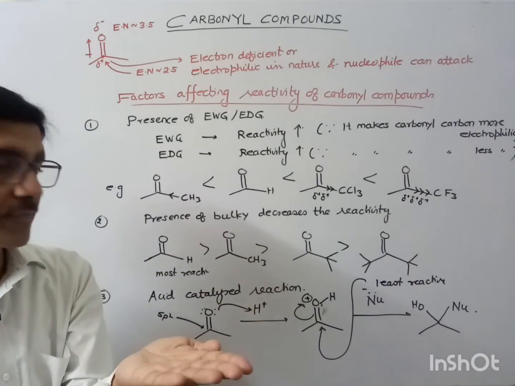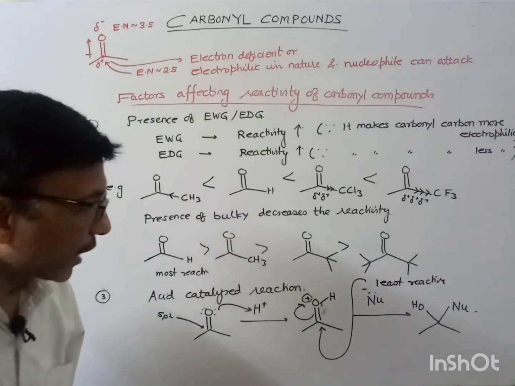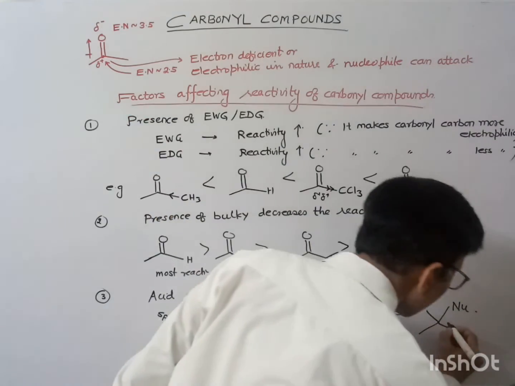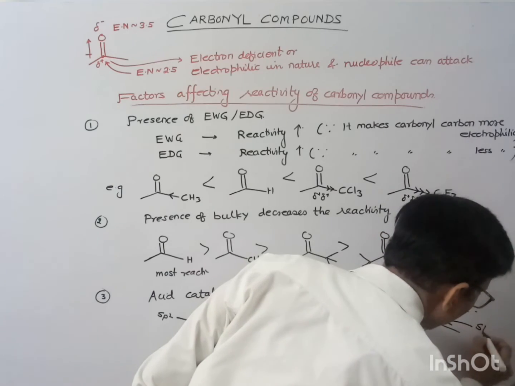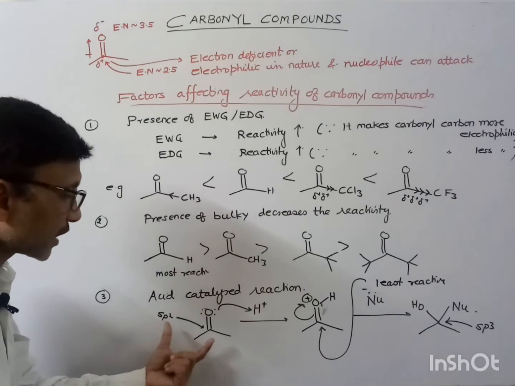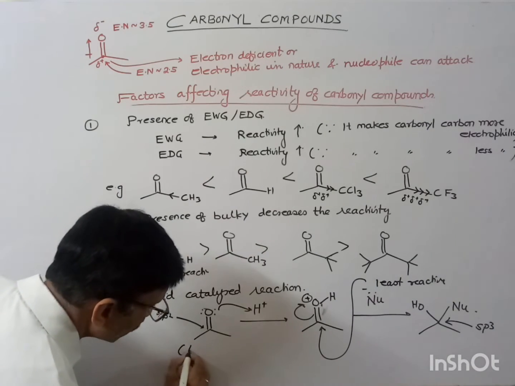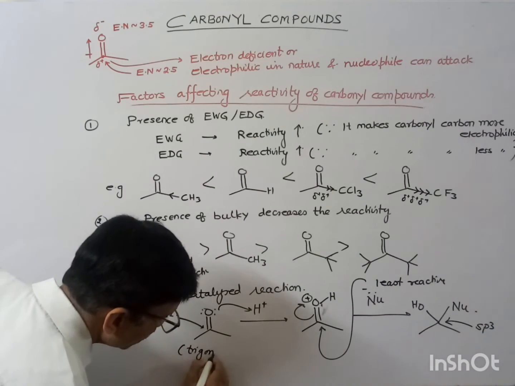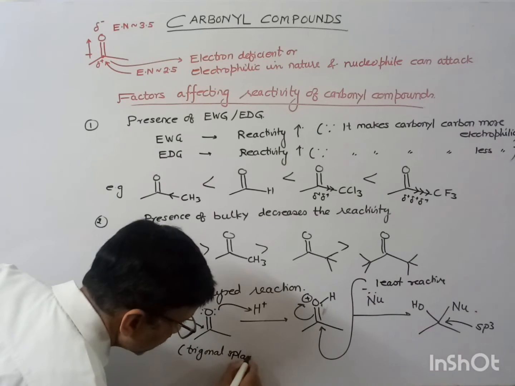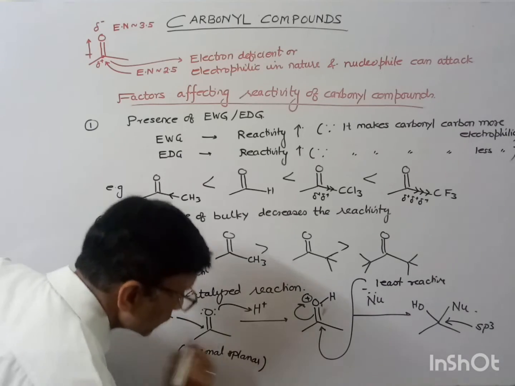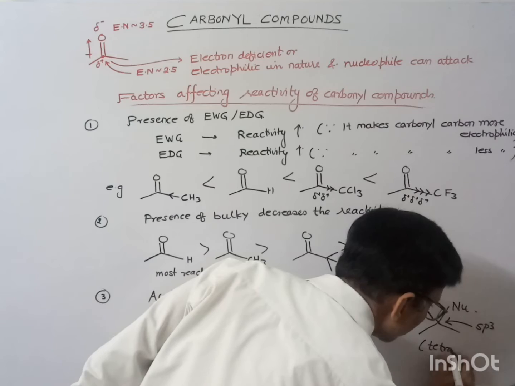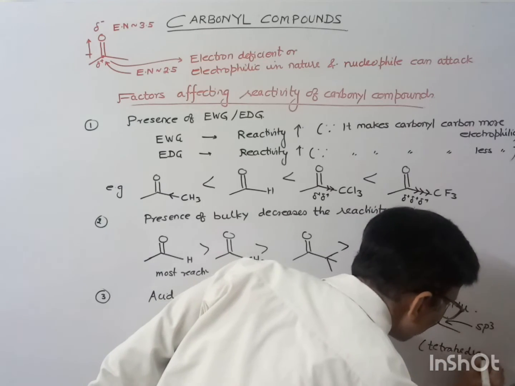The nucleophile can attack from either position, and after that this sp2 hybridized carbon is converted into an sp3 hybridized carbon. So the carbonyl compound is a planar one, or we can say trigonal planar, and the product is sp3 tetrahedral in nature.